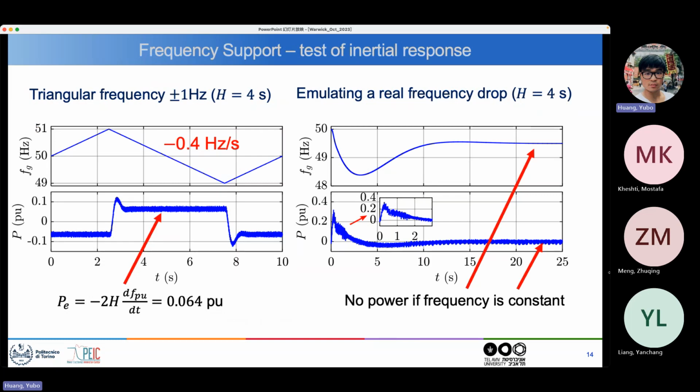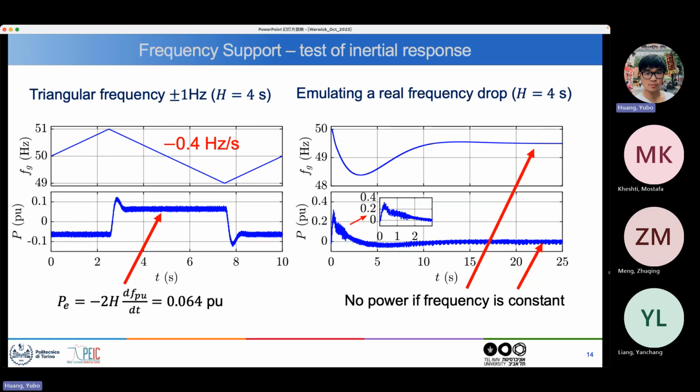How does the inertial response look like? Let's just imagine that the grid frequency goes up, down like this. Of course, that never happens, but just in a hypothetical scenario to understand what this is doing. Then the power generated by such a VSM would be, when the frequency goes down, a higher level than when the frequency goes up.